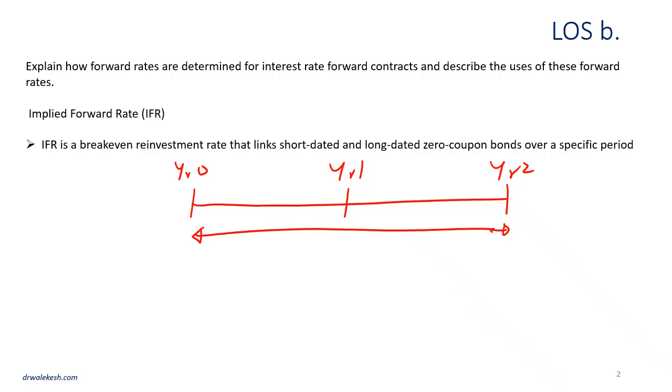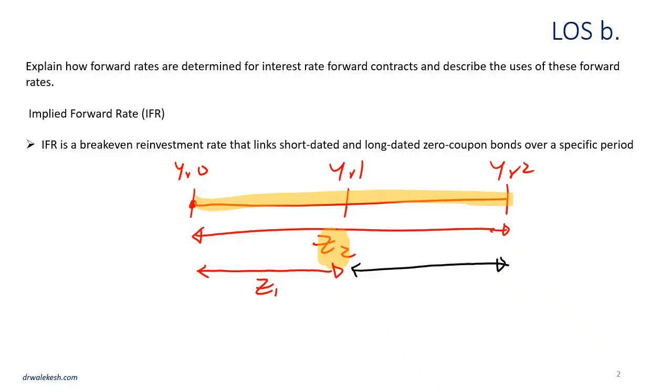Let us also imagine that we have available Z2, that is the spot rate for 2 years. Let's also imagine that we have the 1 year spot rate, that's Z1. So this gap here will obviously be our implied forward rate.